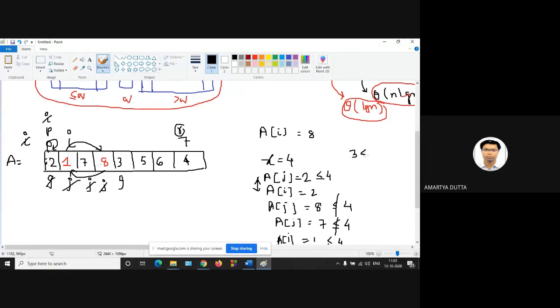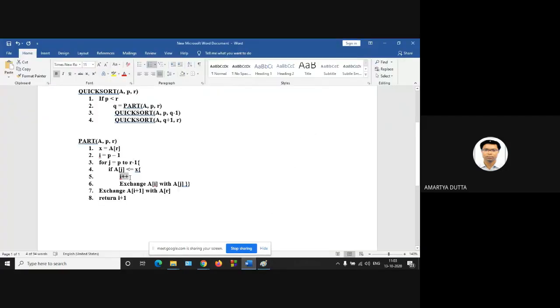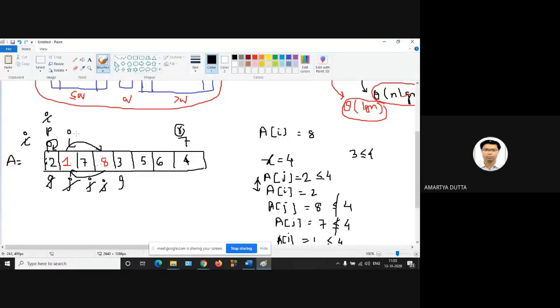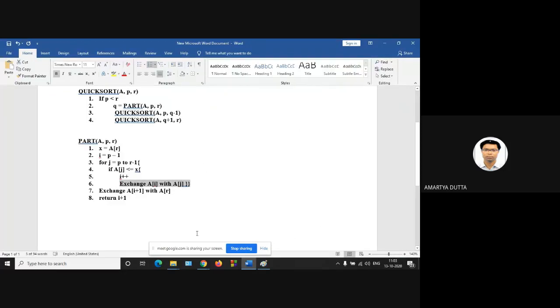Here 3 is less than 4. What should we do? First increment the I, then exchange. So cross this I and now your I will be at this position. And then exchange AI with AJ.